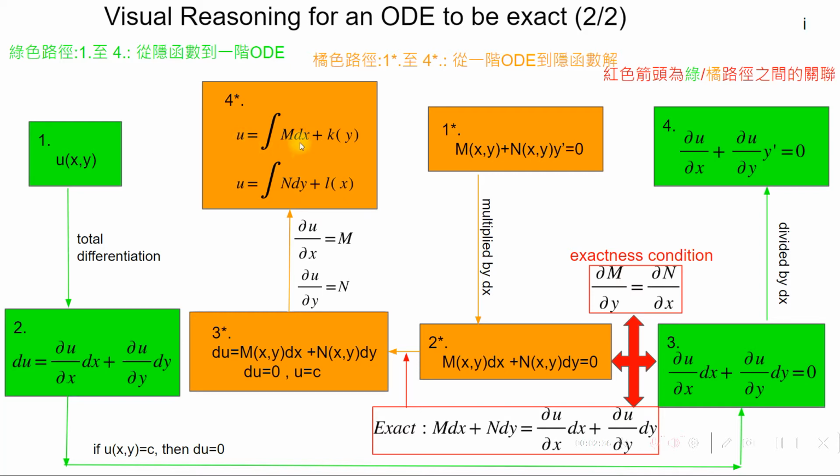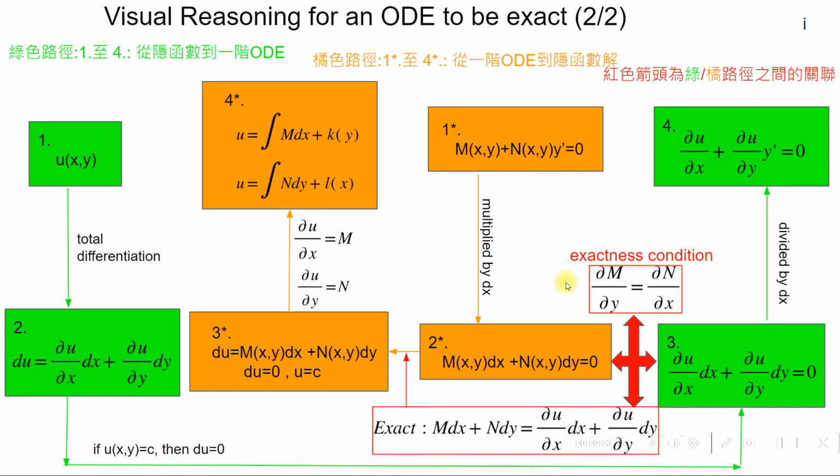Of course, don't forget the function k of y as the integration constant. And if you choose to integrate n with respect to y, don't forget the l of x as the integration constant.